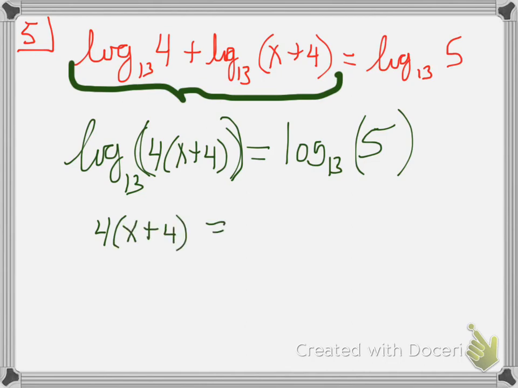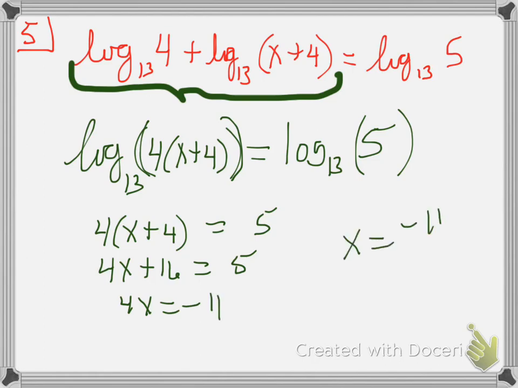So we get 4 times x plus 4 equals 5, or 4x plus 16 equals 5, 4x equals negative 11, and x equals negative 11 over 4.